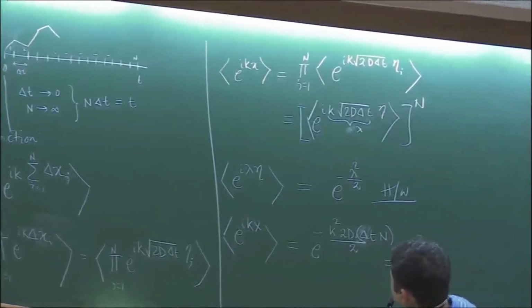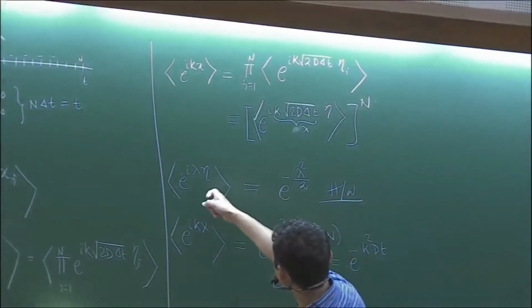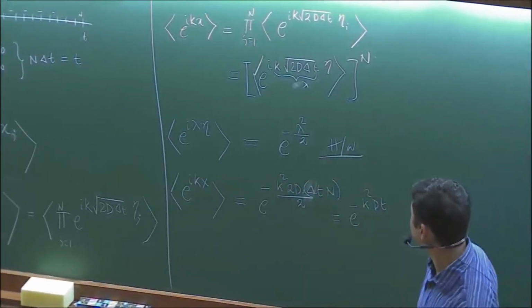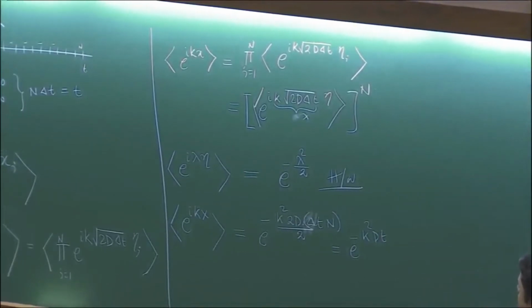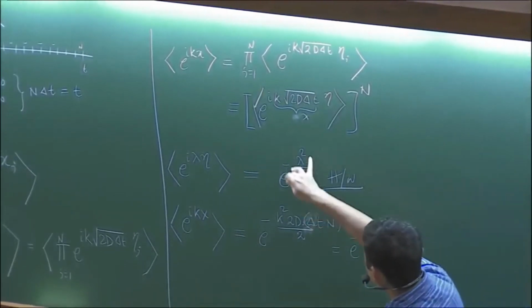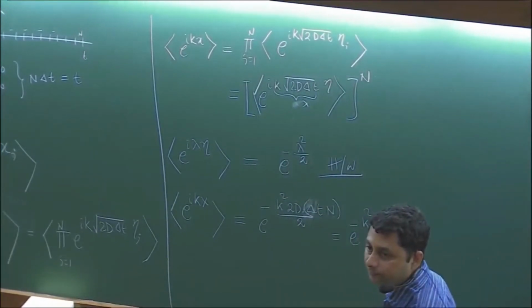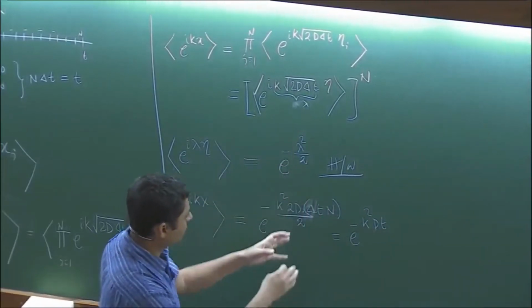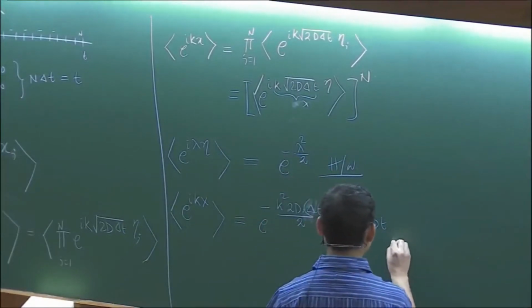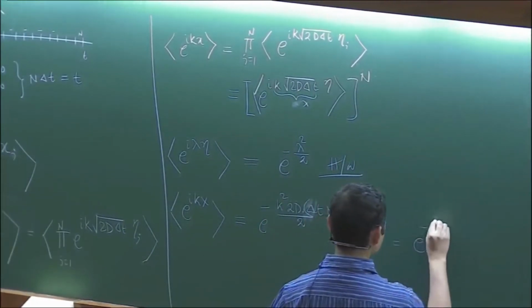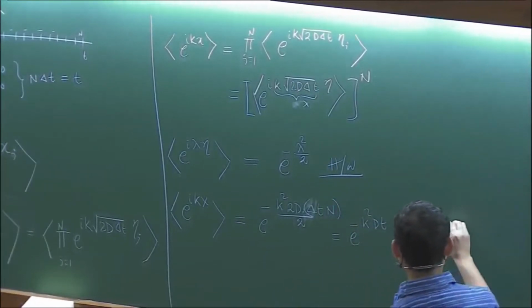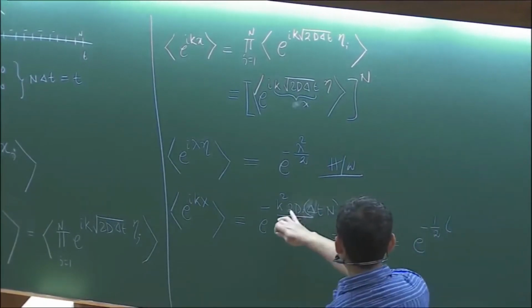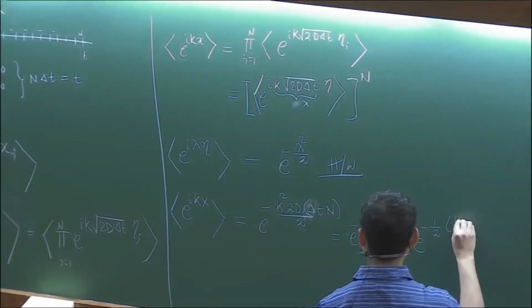Both have the same form, except for what this lambda is. I can write it in this form, e to the power minus half.